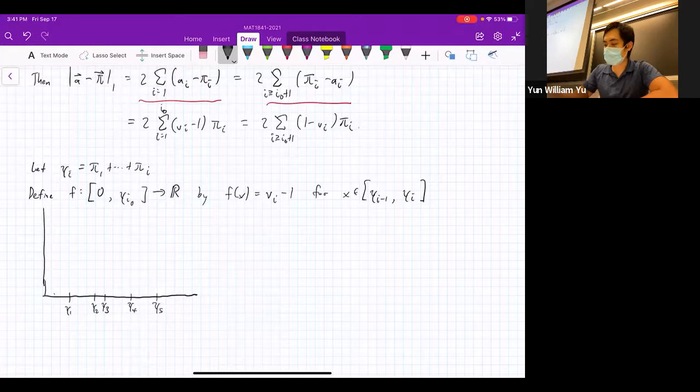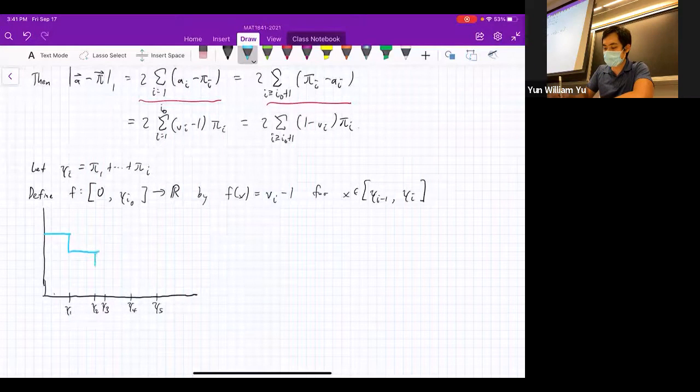And our function f is just going to start off at some value, and when it reaches our next gamma, it's going to drop down and keep on going. Sorry, hopefully I drew that reasonably clearly. So this is some function, let's call this f of x, which we've defined in this way.